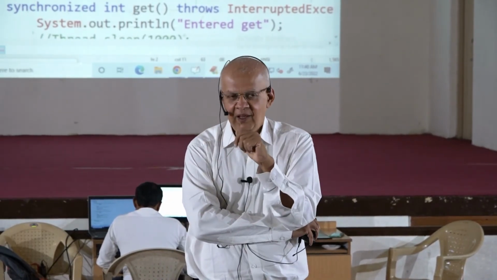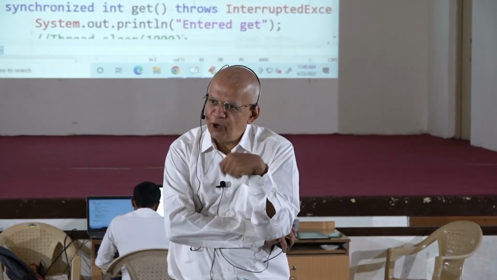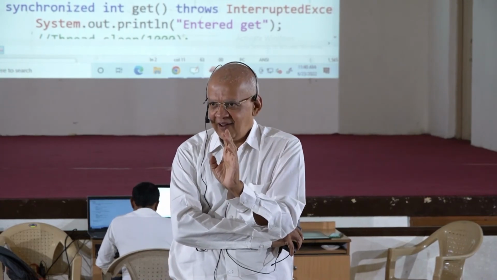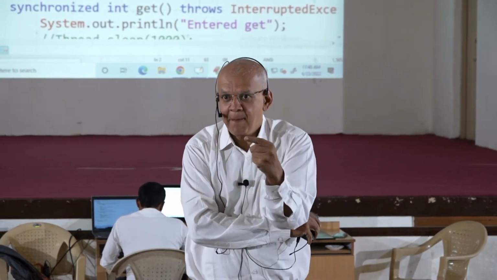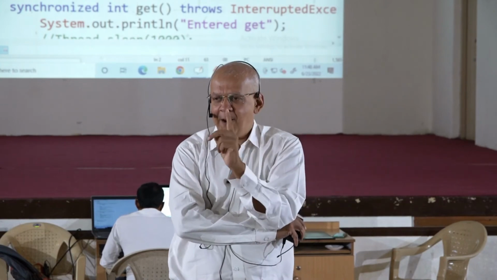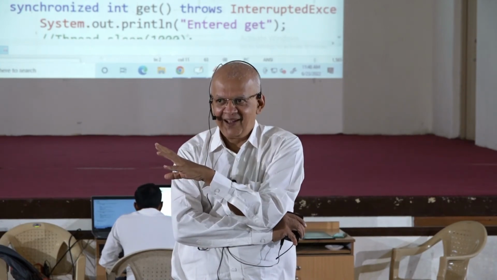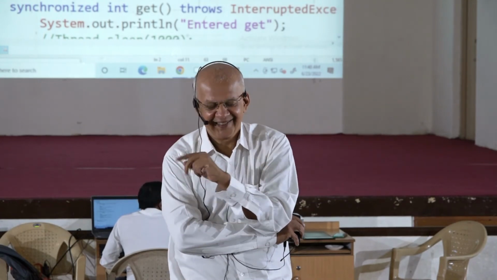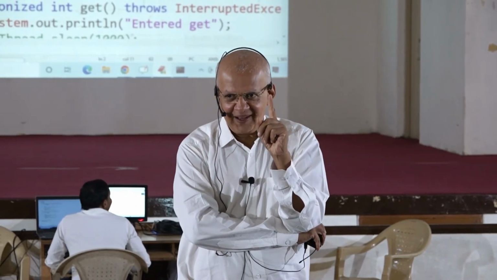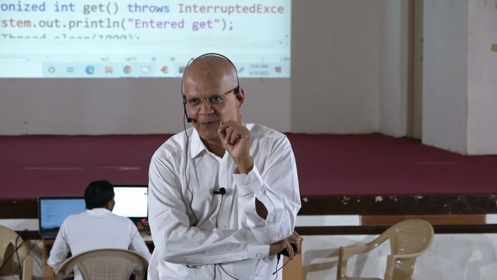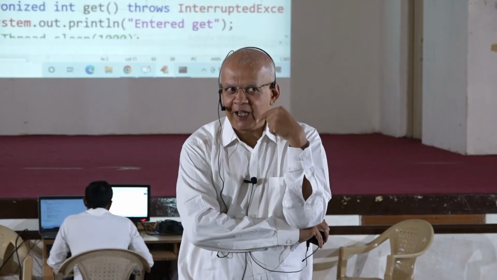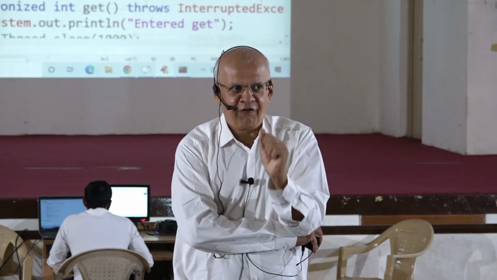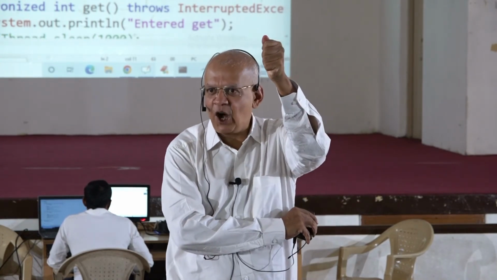So flag is 0 means producer should produce, and it will make the flag 1. If the flag is 1, consumer cannot consume. Sorry, I am repeating again. I am going to use a flag. Flag is initially 0. The moment the producer produces, the flag will go up. Flag has gone up means what?